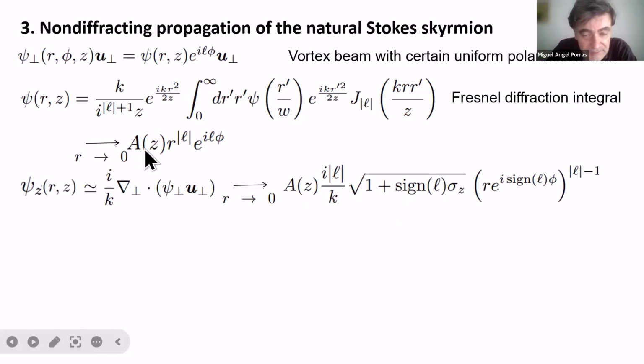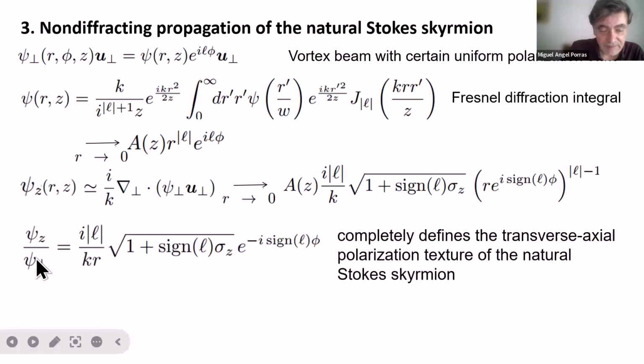We observe here, interestingly, that the transverse component and the axial component both depend on the propagation distance, of course, because the beam is attenuated and spread. But we have evaluated the quotient between the axial component and the transversal component, and it doesn't depend on the propagation distance. This quotient completely defines the Stokes Skyrmion, the natural Stokes Skyrmion.